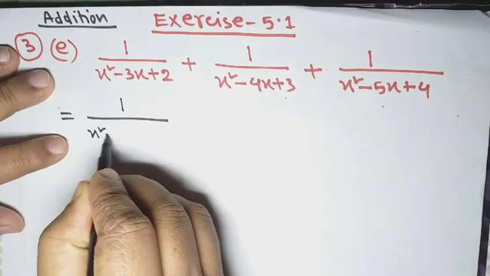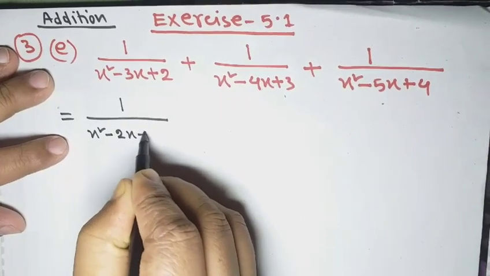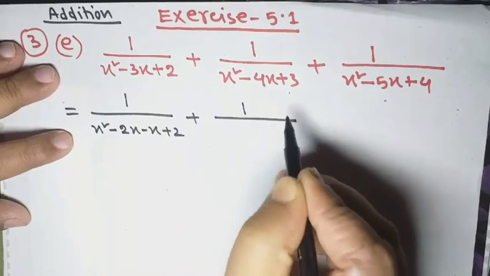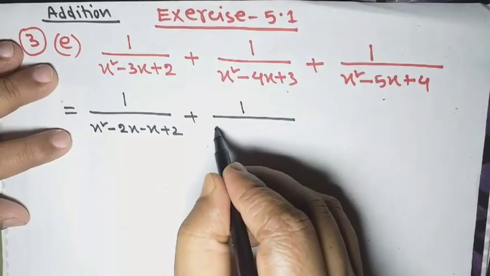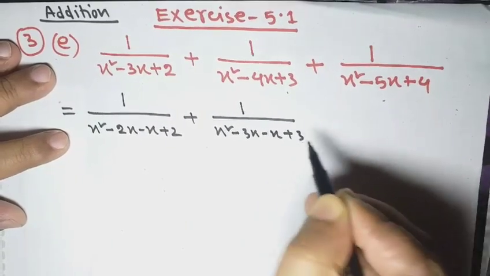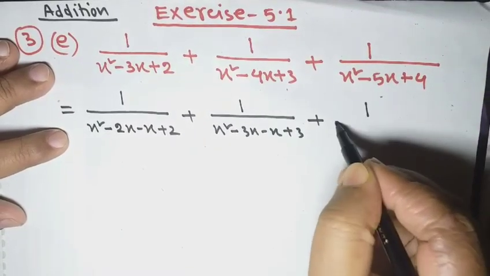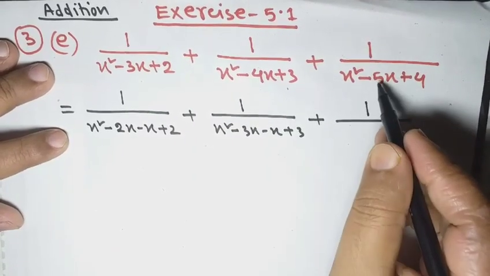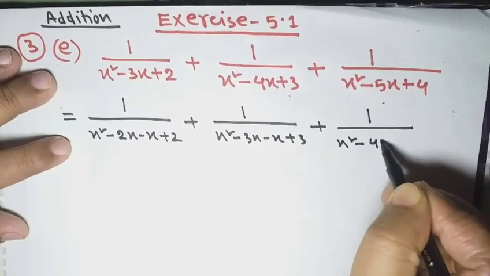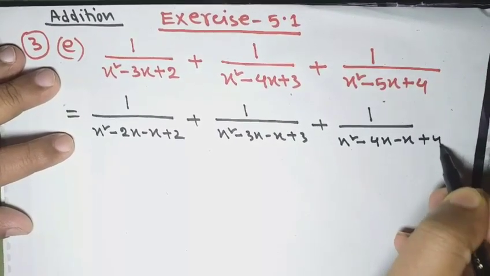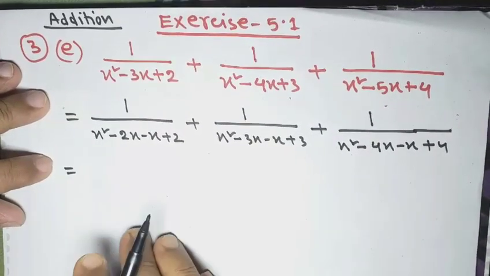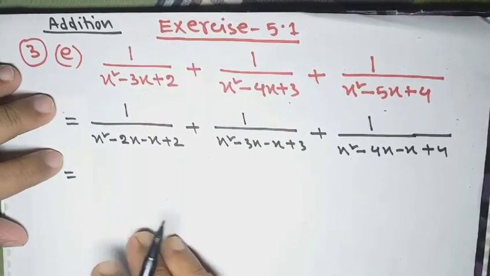So x square minus 2x minus x plus 2, plus here also 3 1s are 3, x square minus 3x minus x plus 3, plus here is 4, but here is 5 in the middle, so 4 1s are 4, x square minus 4x minus x plus 4. We have learned how to solve the middle term in exercise 4.3.